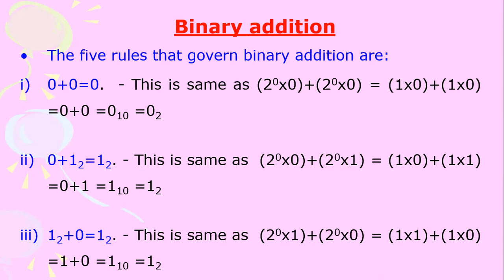Therefore, we get 1 plus 0, which is equals to 1 in decimal, or equals to 1 in binary. So 1 plus 0 gives us 1 in binary.